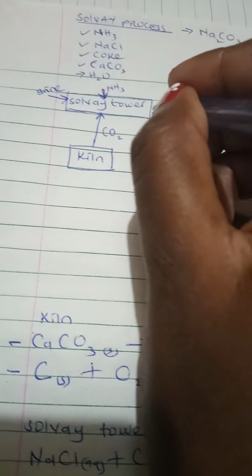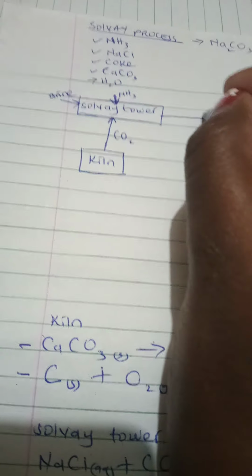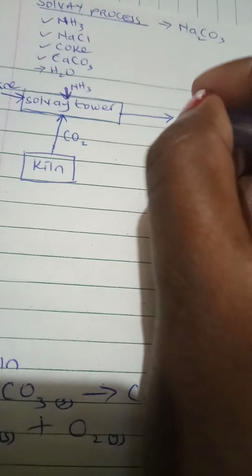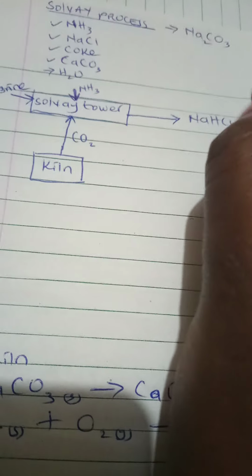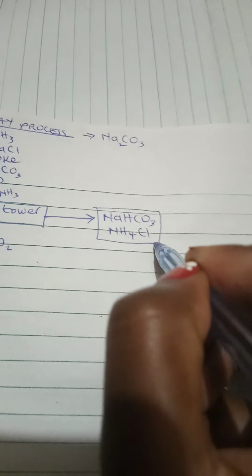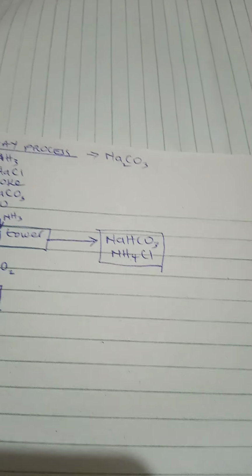Now, here at the Solvay tower, two products are being formed. One of them is the sodium hydrogen carbonate and the other is the ammonium chloride. One is in solid form, the other one is in solution form.